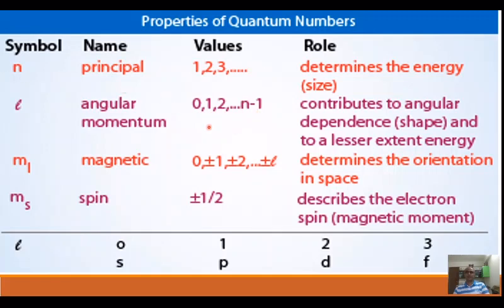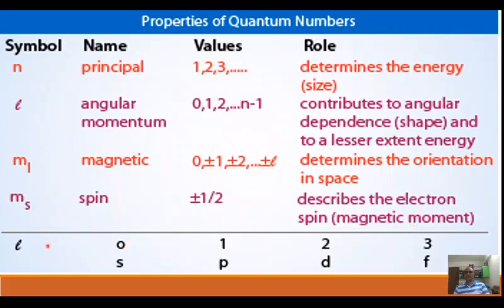The third one is the magnetic quantum number ml, with values 0, plus or minus 1, up to plus or minus L. It depends again on L. This is the subshell quantum number. It determines the orientation in space. And the fourth one is the spin quantum number, represented by ms, plus or minus, clockwise or anticlockwise, describing the electron spin magnetic moment.